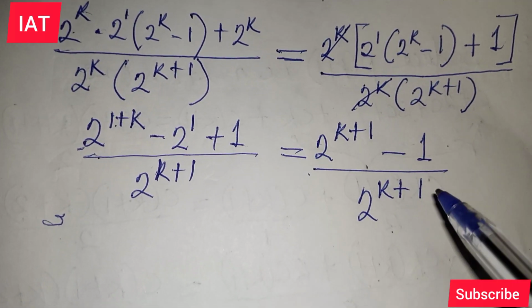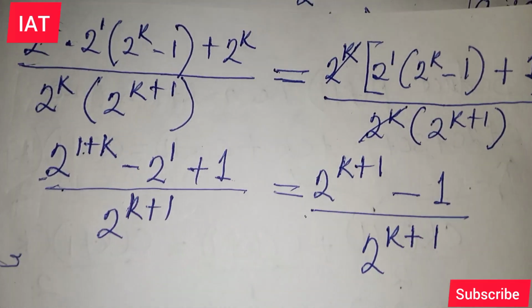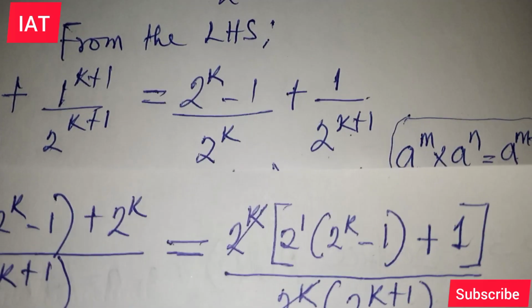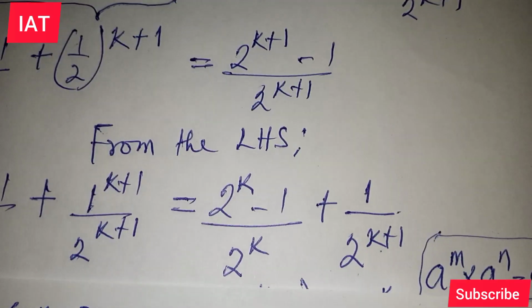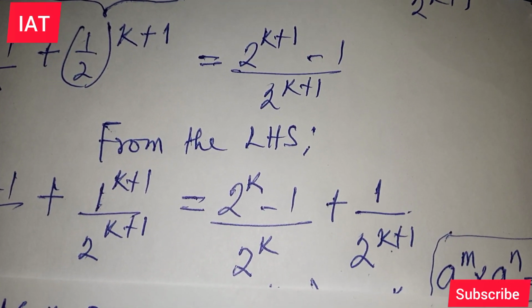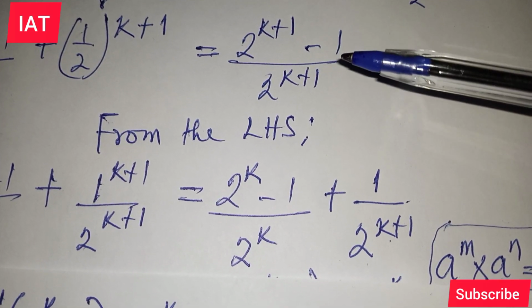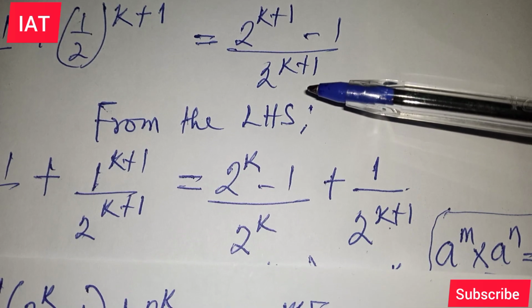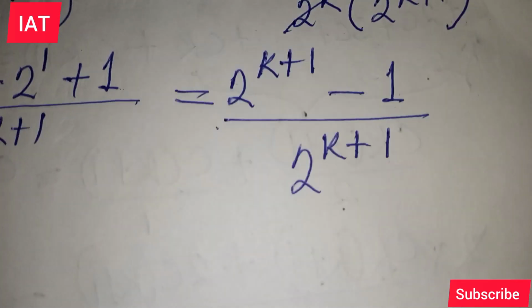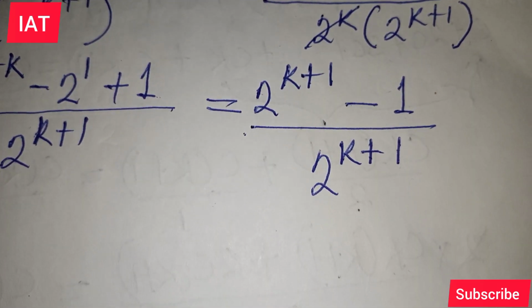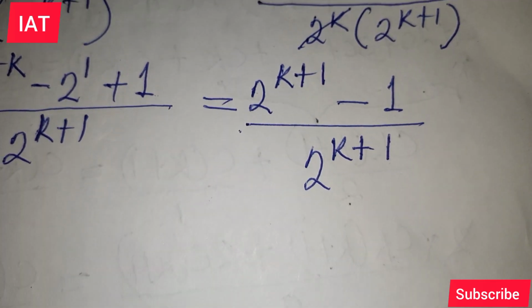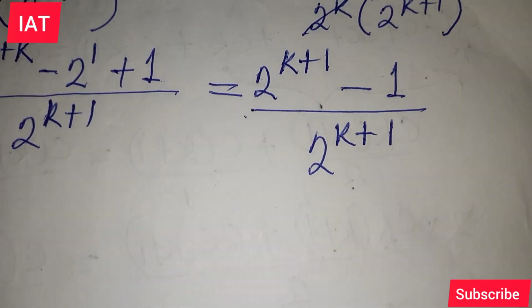Now this is where we will end it. Now check the right hand side of this expression. Look at what we're having at the right hand side. We're having 2 to the power of k plus 1 minus 1 all over 2 to the power of k plus 1. This is the same thing we're having: 2 to the power of k plus 1 minus 1 all over 2 to the power of k plus 1.